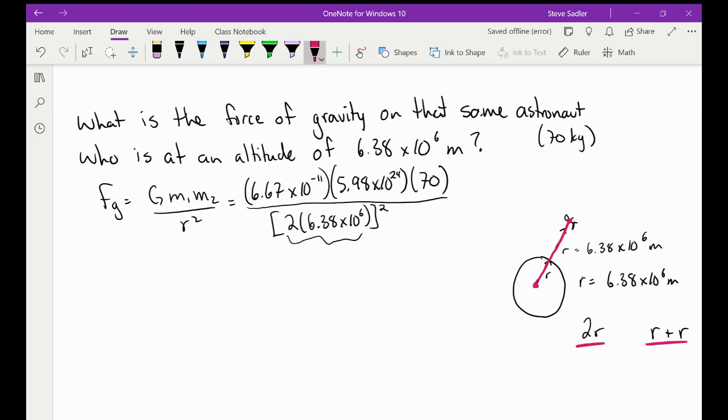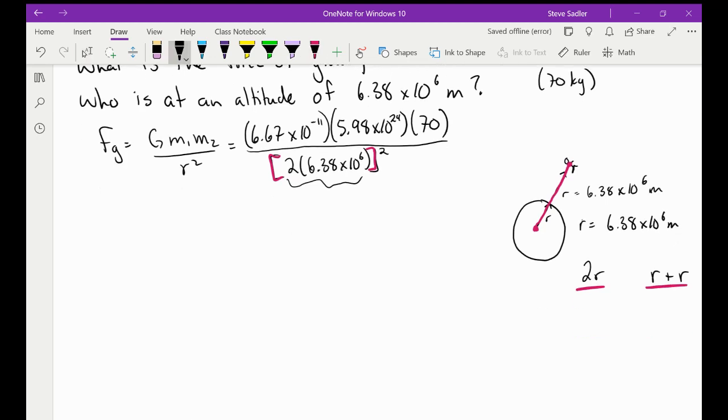That's why I'm using these different brackets here, square brackets and circle brackets, just so that I can keep my brackets in order. All right, so if you type all of that into your handy dandy calculator, you should get 171 newtons. So that makes sense. The force of gravity should be less as the astronaut gets further away from the Earth.